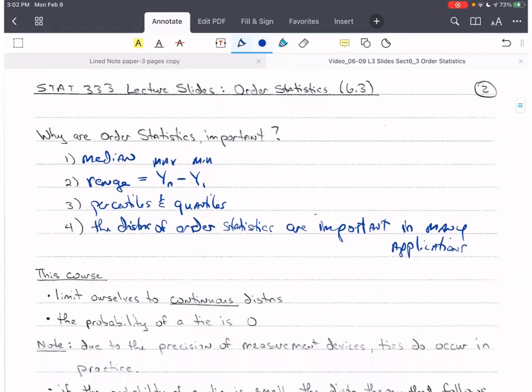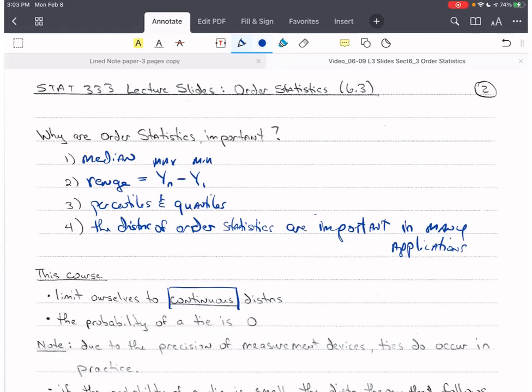Okay. And so in this course, we are going to limit ourselves to the continuous distributions. Continuous distributions are generally considered to be easier than the discrete distributions when it comes to these distributions and what have you for order statistics, because with continuous distributions, there's set rules and formulas that we can use, whereas with discrete, you have to think through the problem from scratch basically each time.